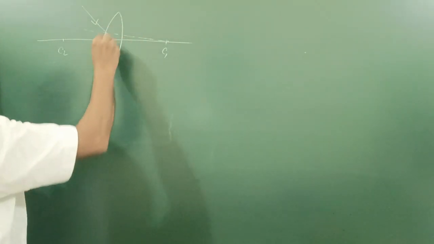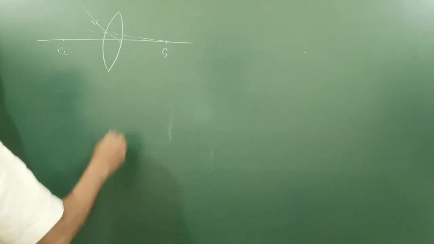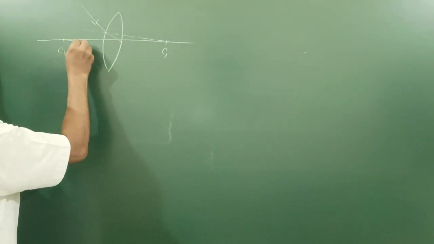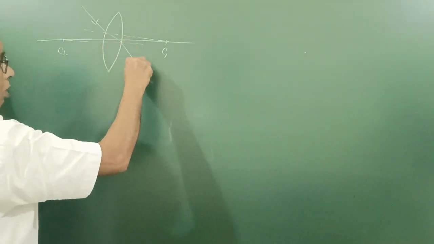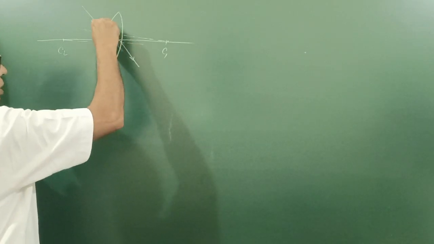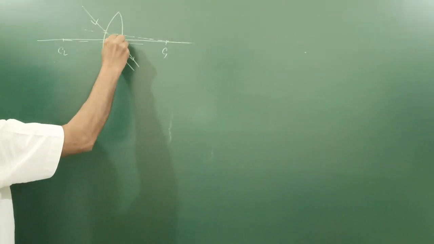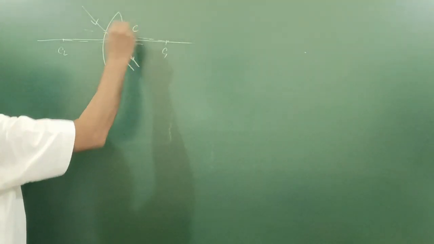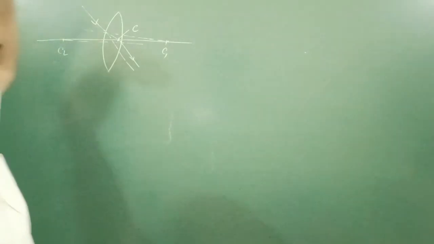It will bend toward the normal and may go like this. And here the normal on the surface is this. It will bend away from normal. But the incident ray and emergent ray will remain parallel. And this is called the optical center C.